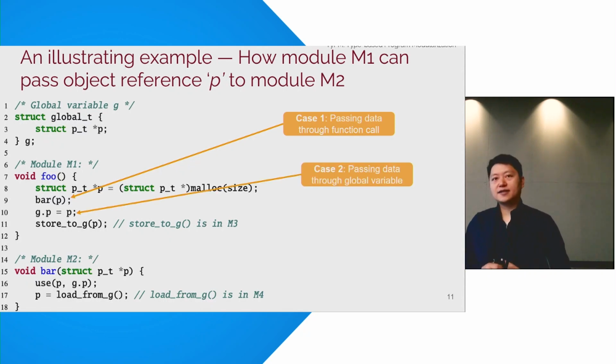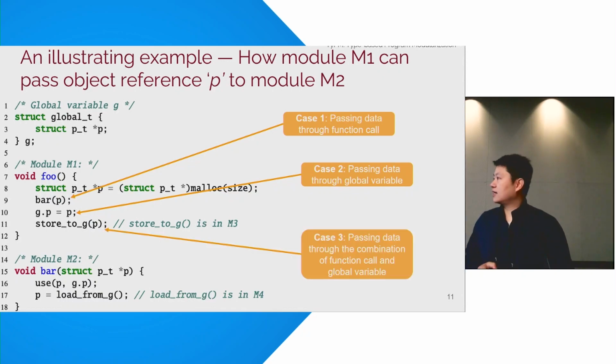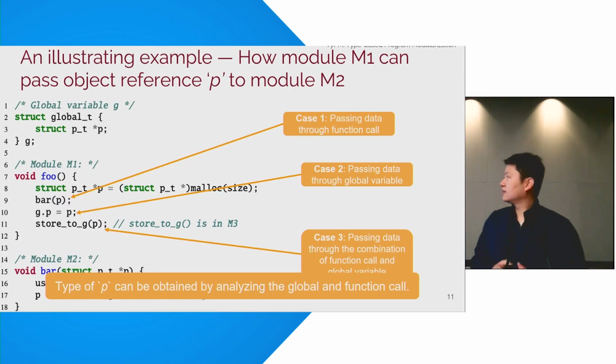In the second case, M1 first stores the data to the global variable G, and then M2 loads the data from the global variable G. And the last case is a combination of function call and global variable. So in all these cases, there are only two ways to pass the data, function call or global variable. And we can easily get the type information of P by analyzing the function call and the global variable. Okay?